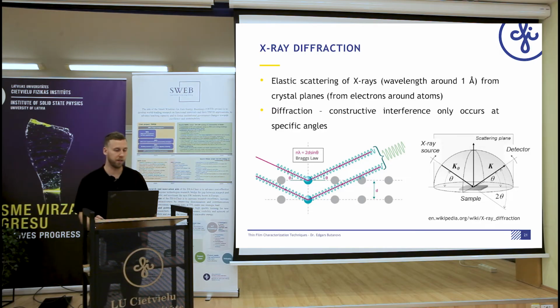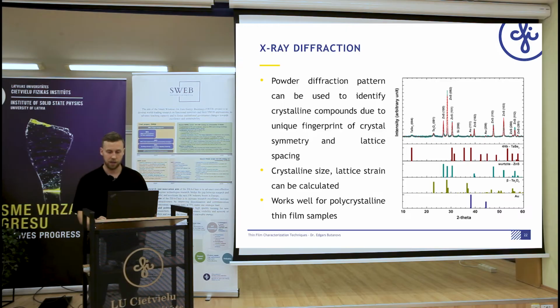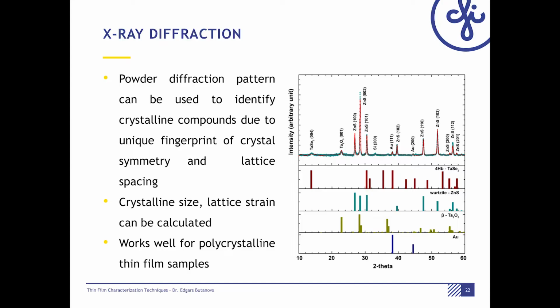A very well-known method used for thin film characterization is X-ray diffraction. In this case, there is elastic scattering of X-rays, and depending on Bragg's law, there will be specific constructive interference at specific angles, which depends on the crystal symmetry, lattice spacings, etc. If you measure this angular distribution of the diffraction, you obtain so-called Bragg peaks.